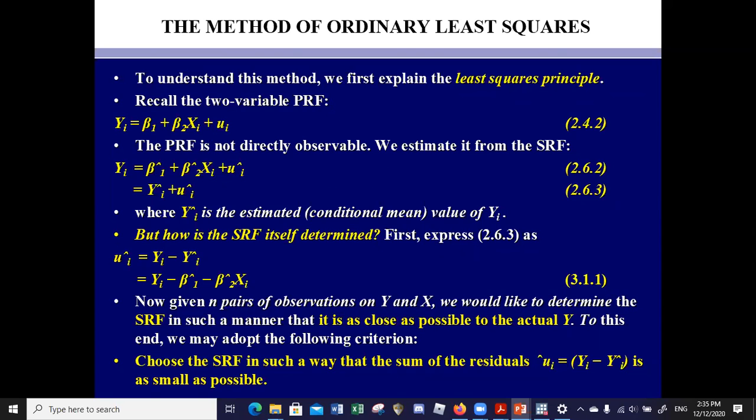Because there are also other slight variations of the least square method that we will be considering in this course. Just to name some of them, we will be talking about the GLS method, generalized least squares method. We will also be talking about the weighted least square method, WLS method.